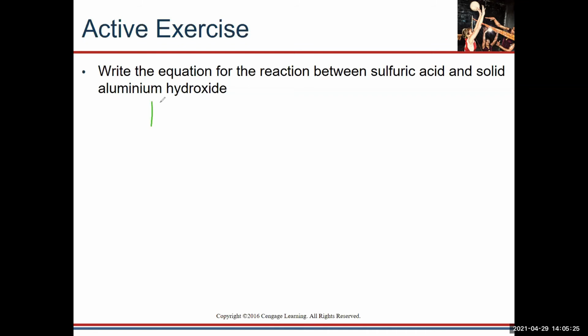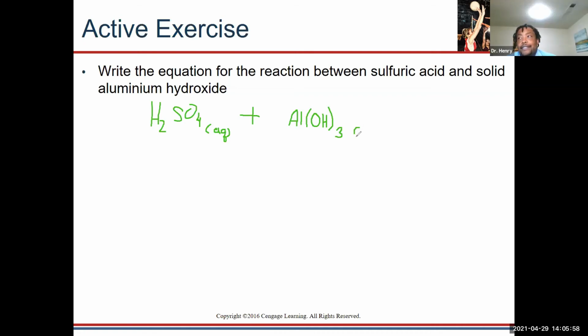H2SO4 aqueous plus Al(OH)3 yields. Is it solid, liquid, or gas? Oh, solid. H2O. Solid, liquid, or gas? Liquid.